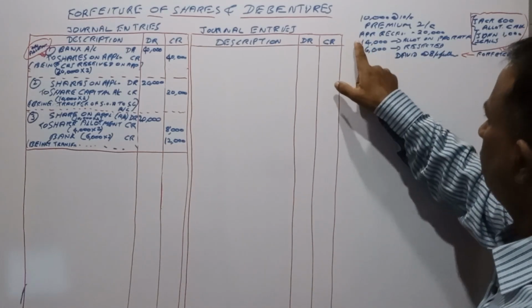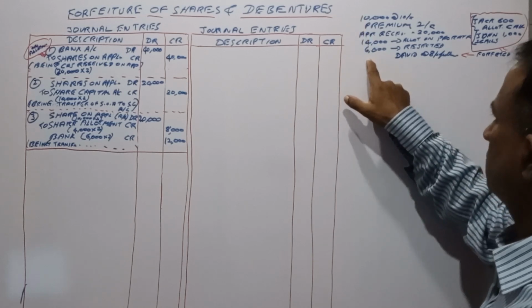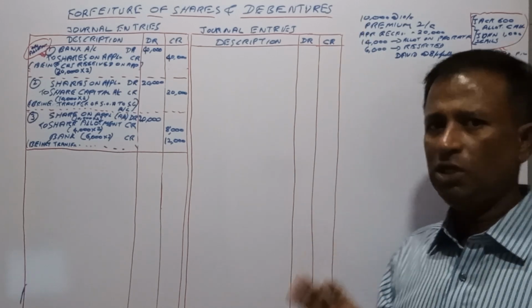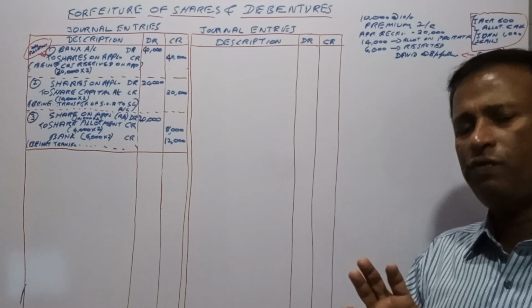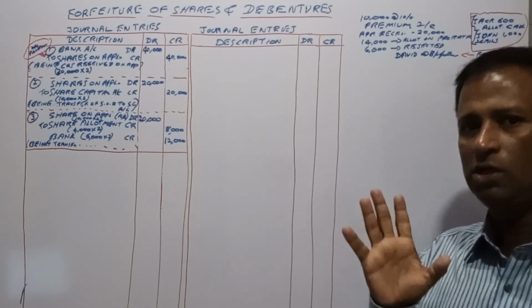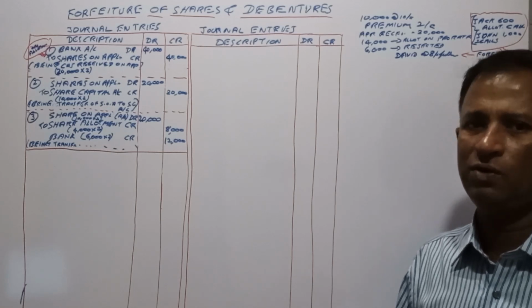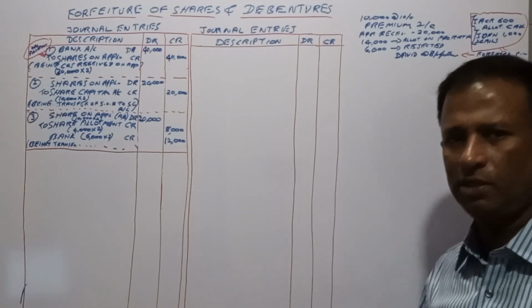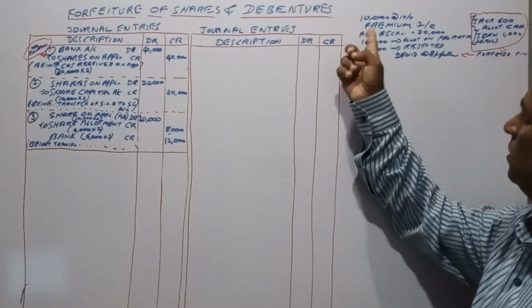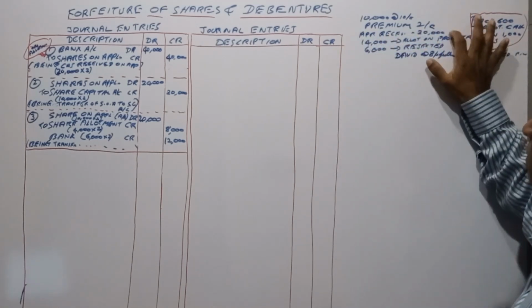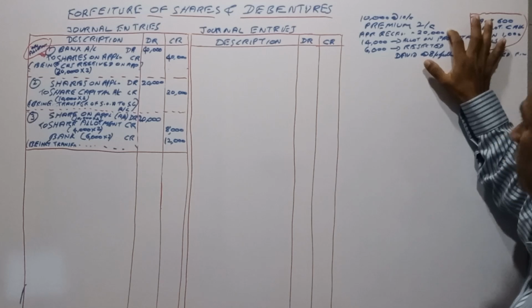Because we have received applications for 20,000 shares, out of 20,000 we can offer only 10,000 shares, right? Only 10,000 shares we can allot, whereas we have received 20,000 applications.